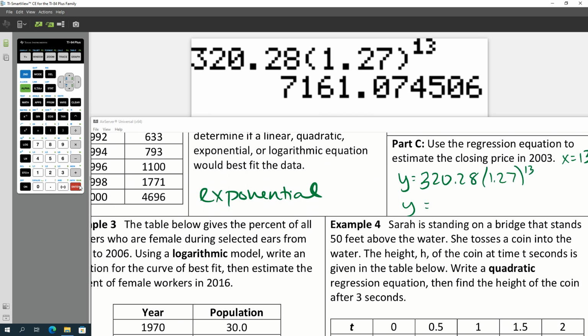So it should close at 7,161. I'm going to go ahead and round. I don't think it closes at decimal points, but it's okay.